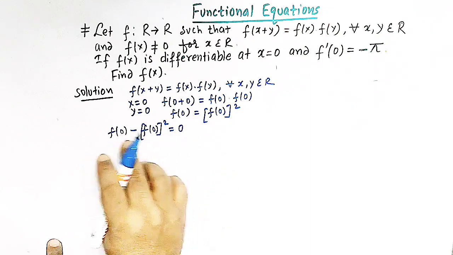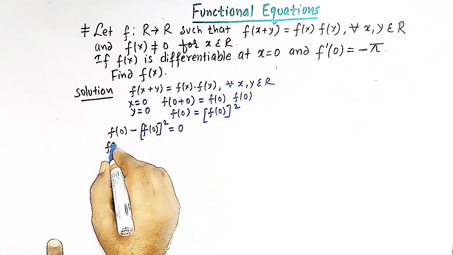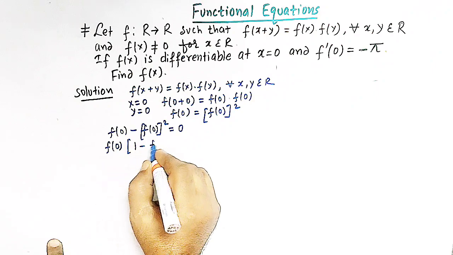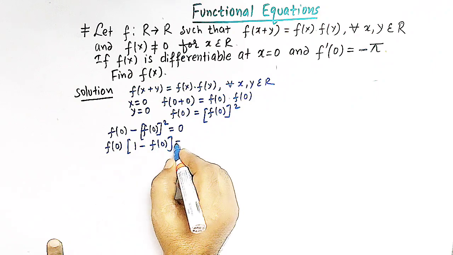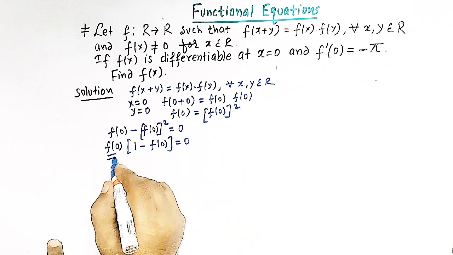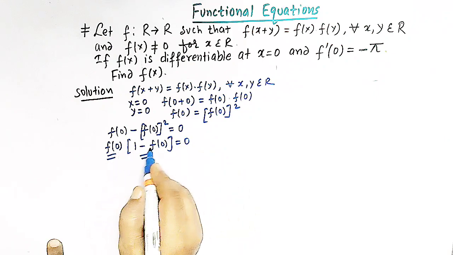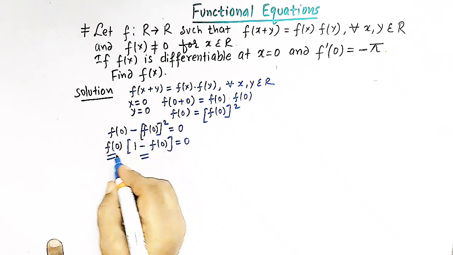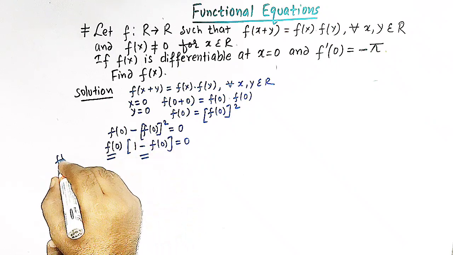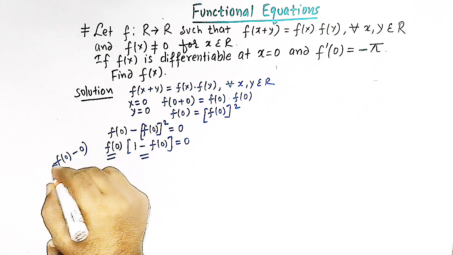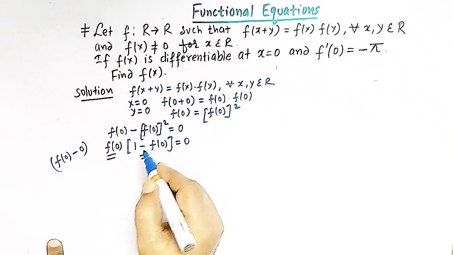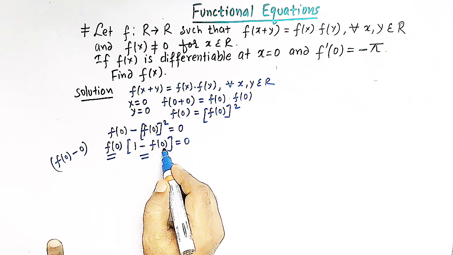Now we have an equation here. So let us take f of 0 common. So we have f of 0 times 1 minus f of 0, right? And here we can see that we have two factors. The first one is f of 0, and the second factor is 1 minus f of 0.